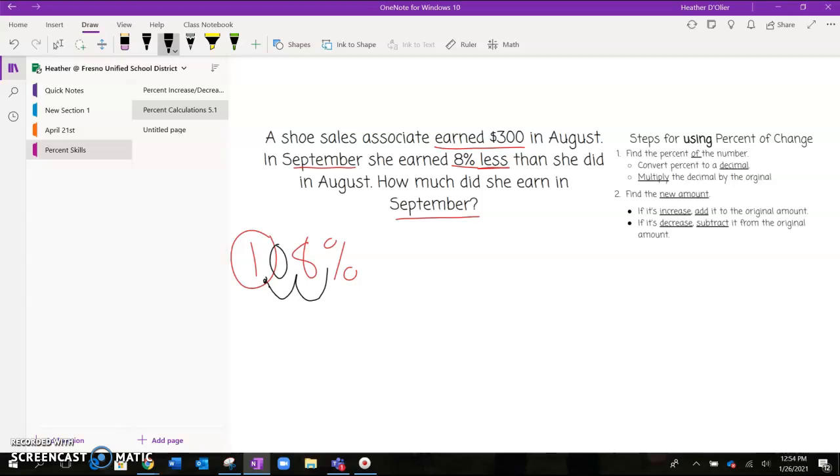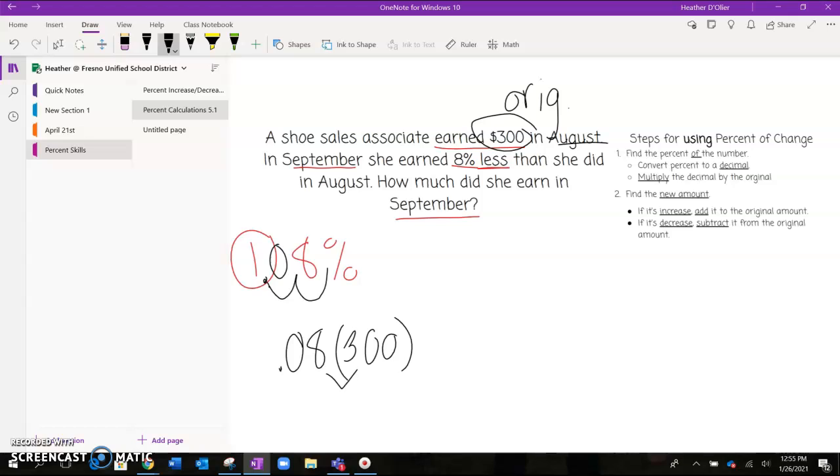Now I'm going to multiply the decimal by the original, which, referring back to this problem, that was August, so that's the 300. That's my original. So I'm doing 0.08 times 300. Remember, we can use parentheses to show multiplication.